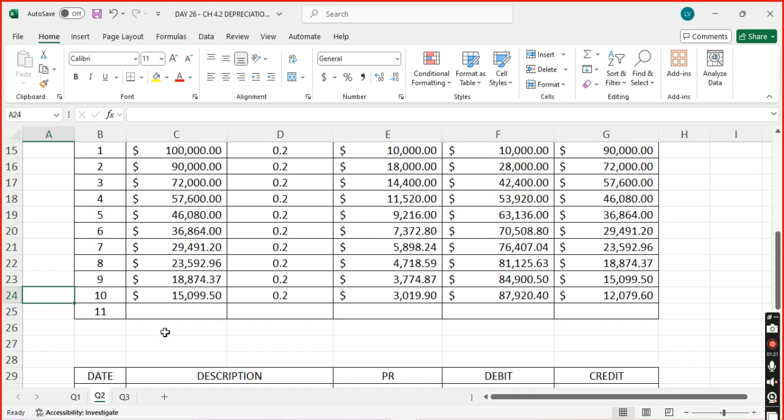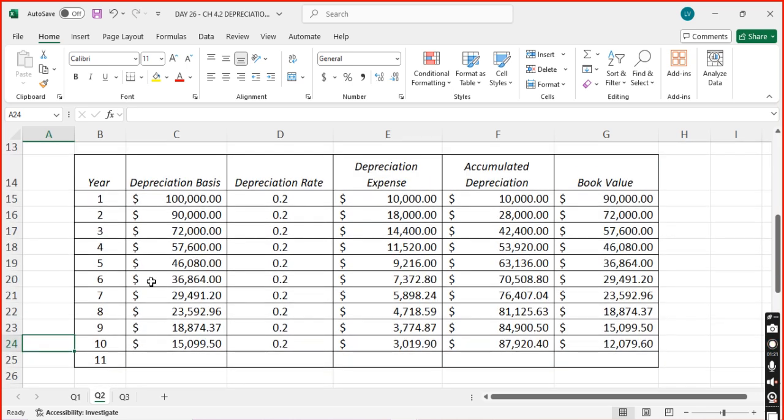Okay, so let's take a look at this. Trivia. How old is your asset right now? Is it really 10 years old? Correct. So at the end of December 31st of the 10th year, how old is your asset right now?